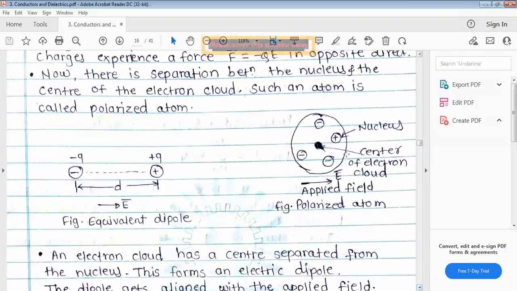Here you can see the center of the electron cloud when we are applying the electric field, the nucleus, and there are some electrons. So they are changing their position and forming an electric dipole.